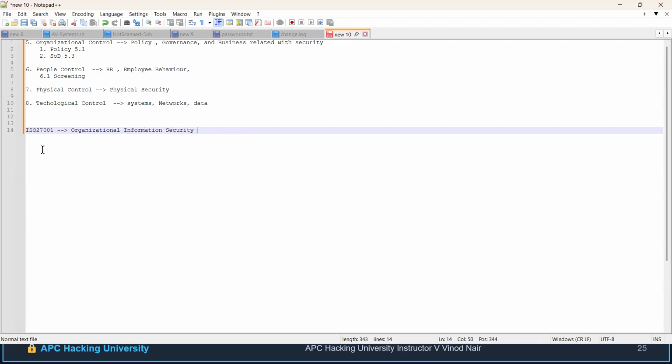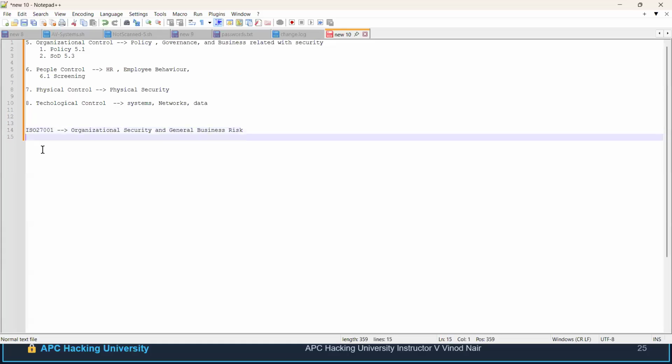Organizational security, information security. 31000 is talking about risk frameworks. Mainly they focus on risk framework, and general business risk.